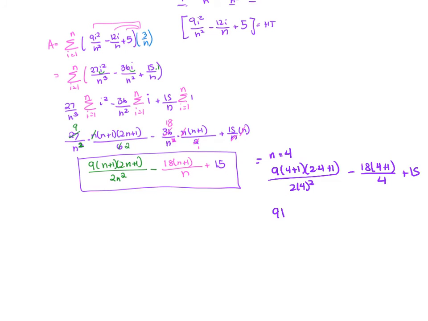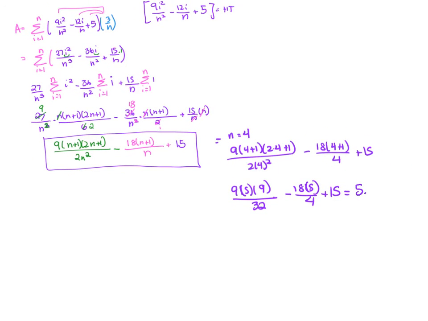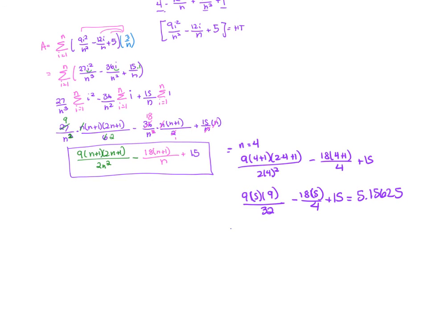So this is 9 times 5 times 9 over 16 times 2 is 32, minus 18 times 5 over 4, plus 15. And so use your calculator at that point and you would get 5.15625. And then you do the same thing for n equals 8, n equals 20, and n equals 50.